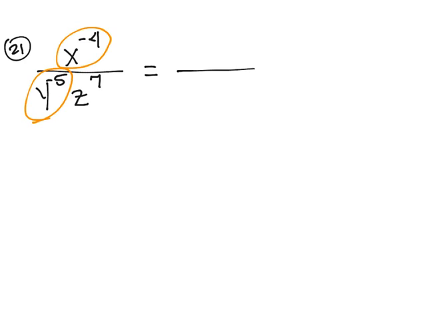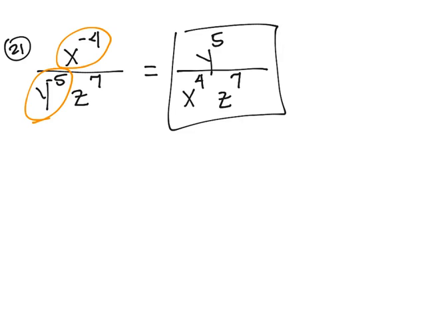Awesome. So what would be on top? Y to the fifth. What's on the bottom? X to the fourth and z to the seventh. The z doesn't move because it wasn't negative. Does everybody see that? You just simply move the one that's negative. Okay.